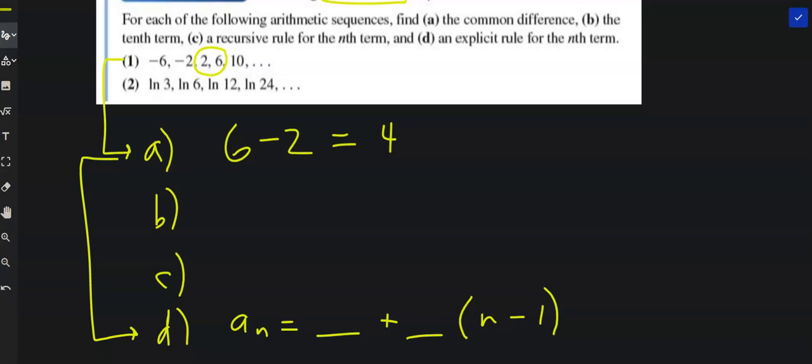That'll work too. So what's the first term? -6, and the common difference? 4, and we're done with that particular part of the question. I just needed to know the first term and the common difference.